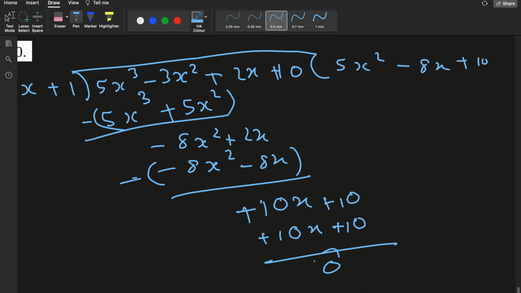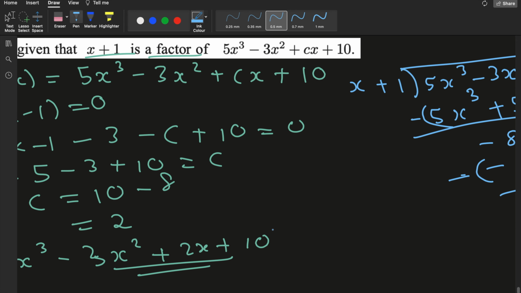Since the remainder is 0, we got the right answer for the value of c. So this is how you do it.